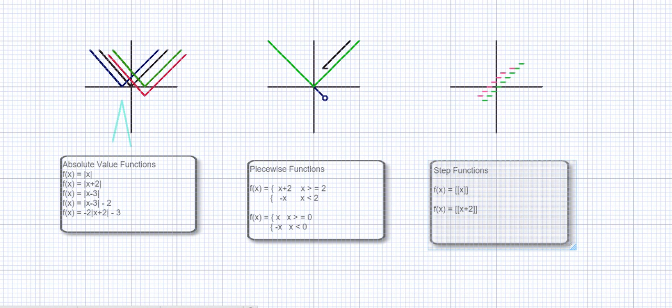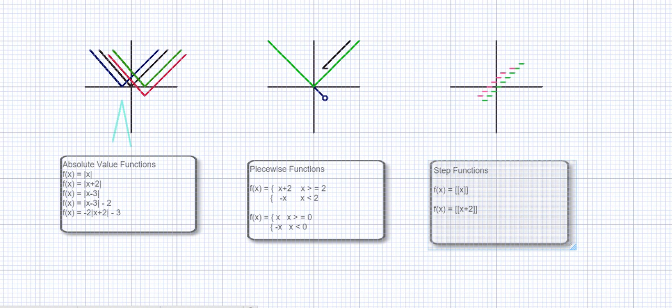So really, I messed up the last one, but what I've effectively done is taken that whole parent function and slid it over by 2 to the left. Again, the same advice that I would give you with absolute value functions or piecewise functions: try it out for yourself by creating a table of values. You plug in your x, you do the evaluation to get out your y, and then plot those things and see for yourself.